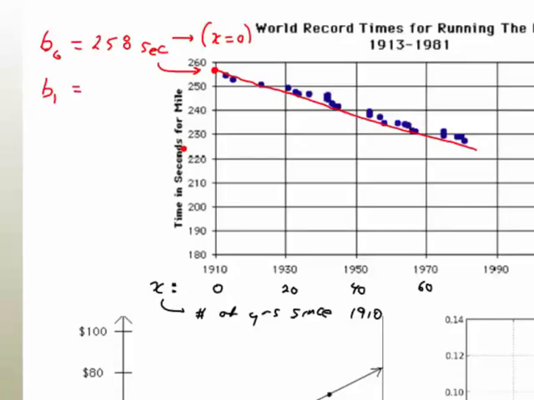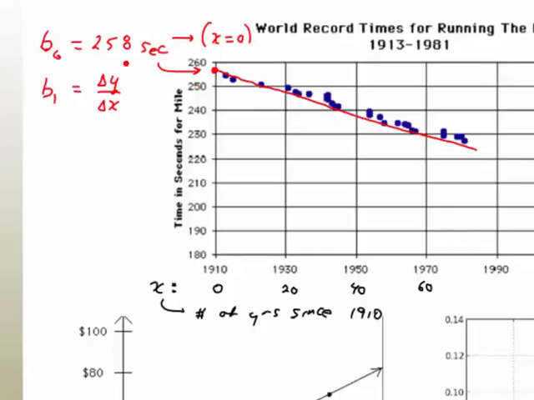Okay, b1. So b1 is the slope. And so to get slope, what is slope? We talked about delta in this class at some point. Delta means change. So it's the change in y over the change in x, how much the y variable changes for some change in x. So let's look right here.